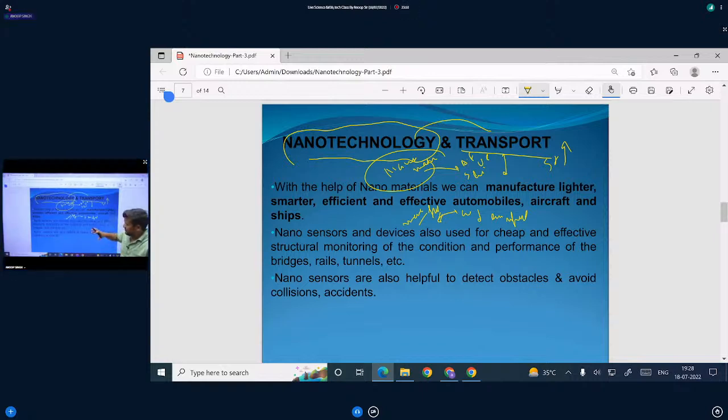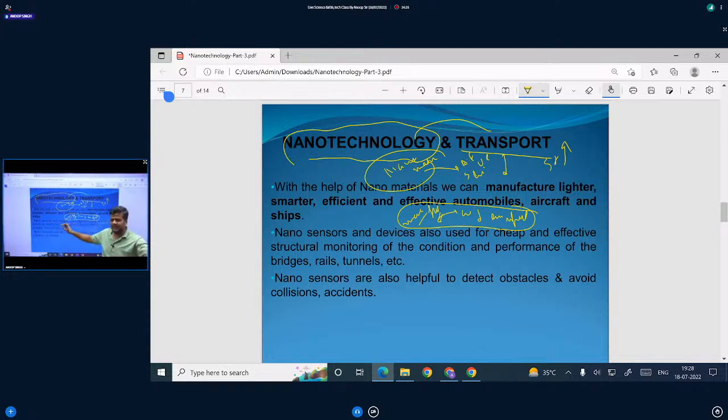So with the help of nanomaterial, we can develop efficient and effective vehicles and transportation systems, whether used on land, air, or water.